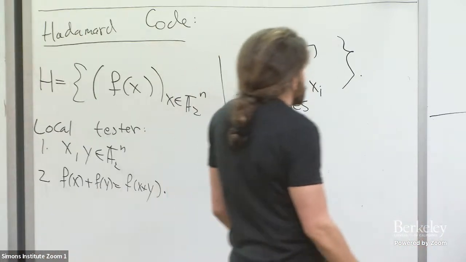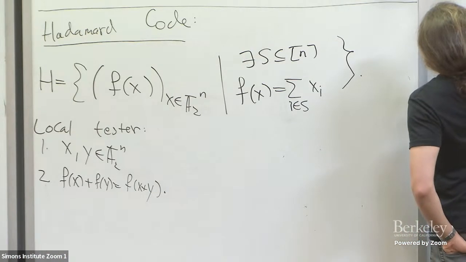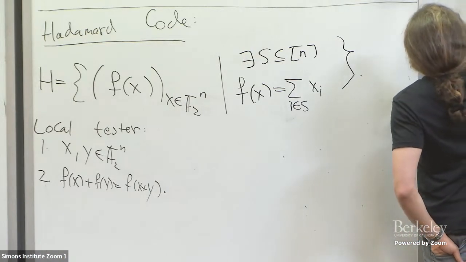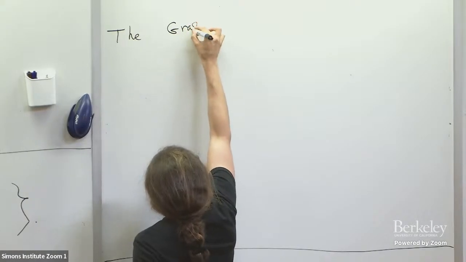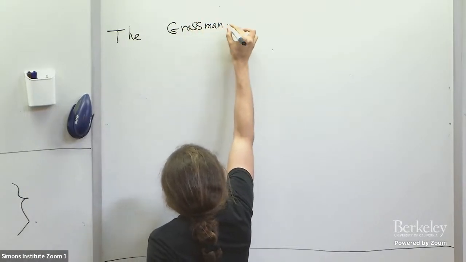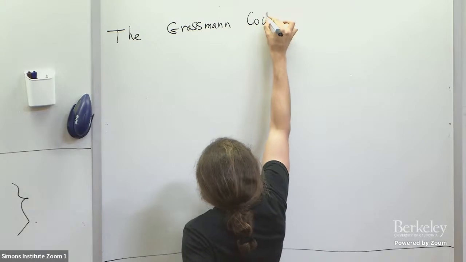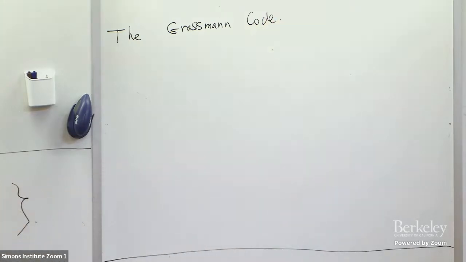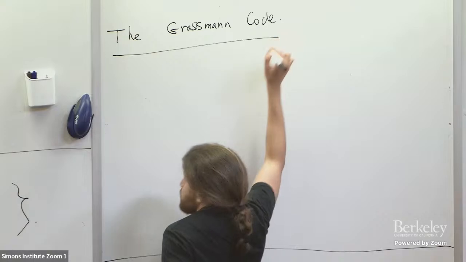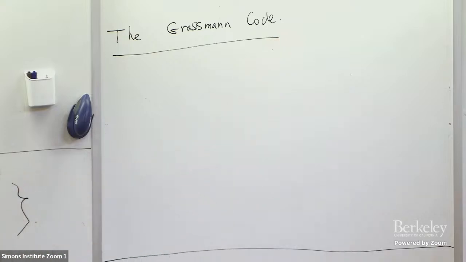Anyway, so now we reach what is going to be eventually the solution, which is the Grassmann code. To arrive naturally at the Grassmann code, you can start with the Hadamard code and try to force it to have a 2-query tester.